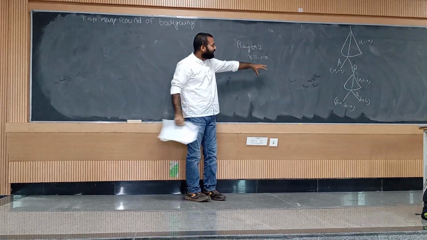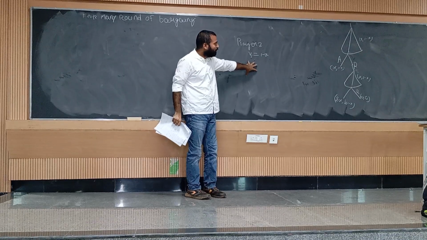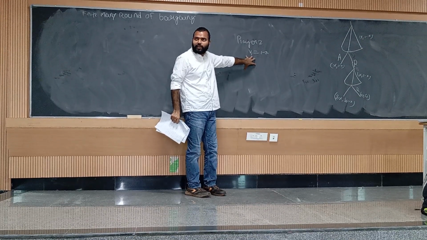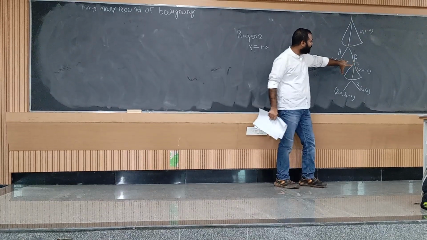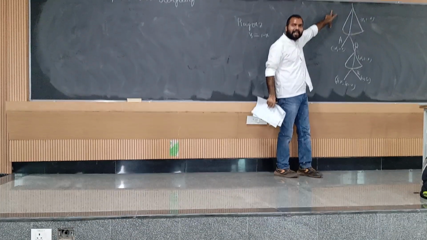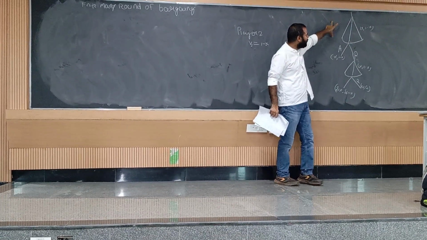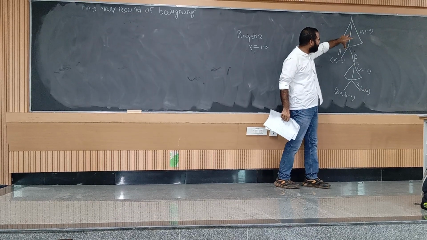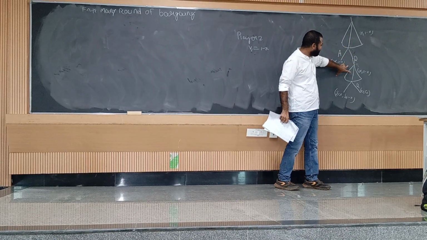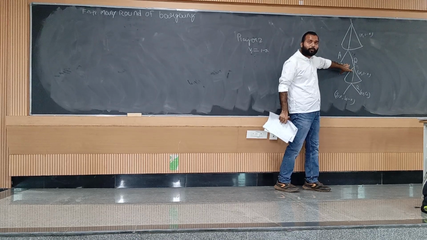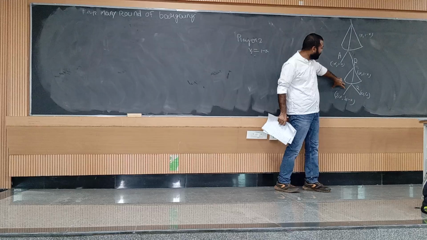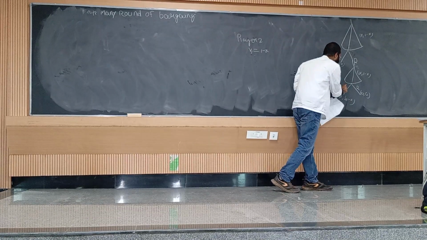Now, if player 2 rejects this payoff, player 1, who initially had the advantage of making an offer, will be at a disadvantage, because now player 2 is in a position to propose the proportion of surplus to be divided between the two players. Again there are two cases: accept and reject.